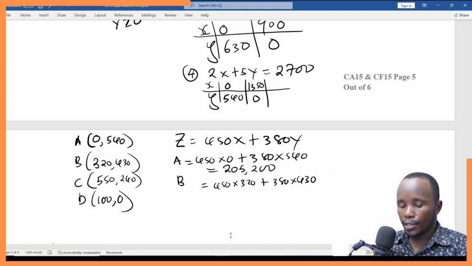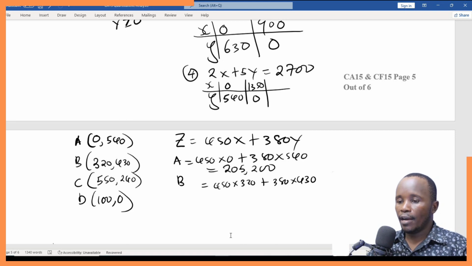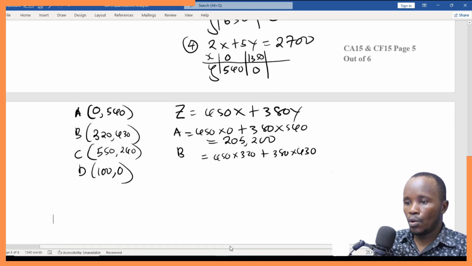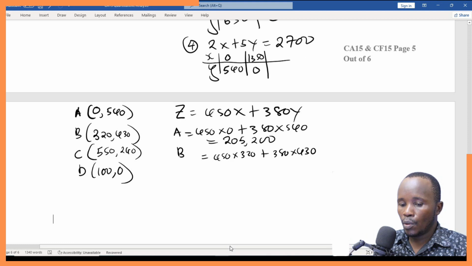450 times 320. This is 144,000. This one is going to give me 144,000 plus, you have to go to 380. 380 times 430 gives me 163,400.